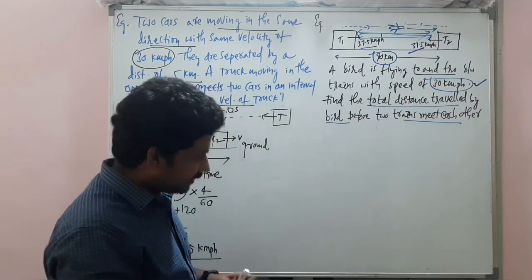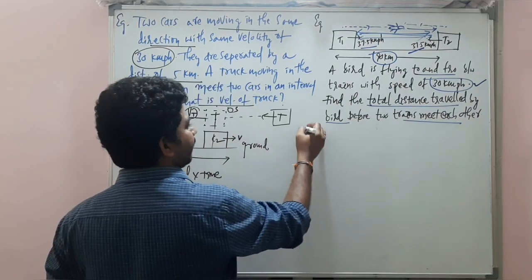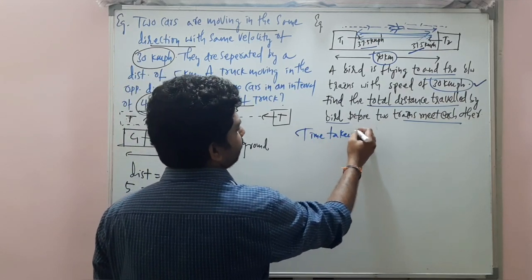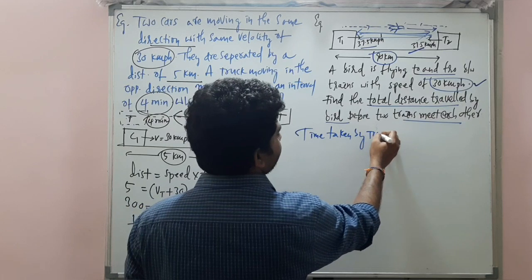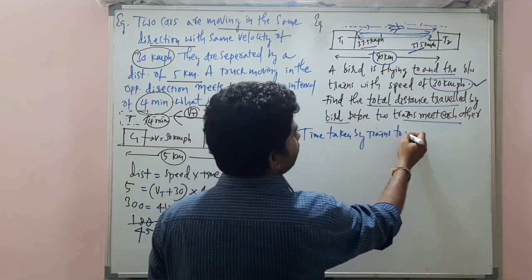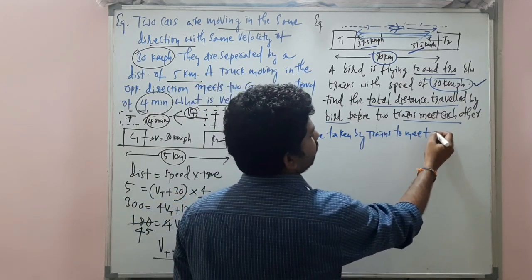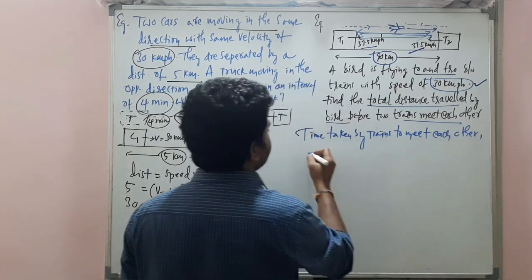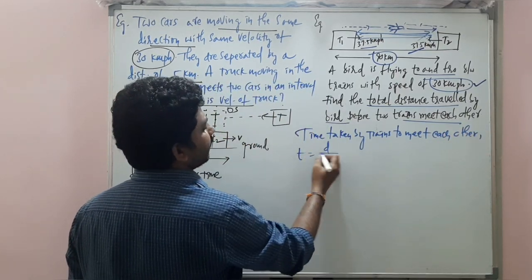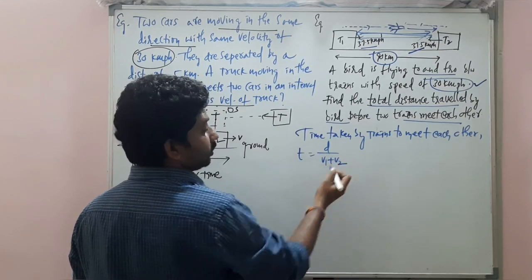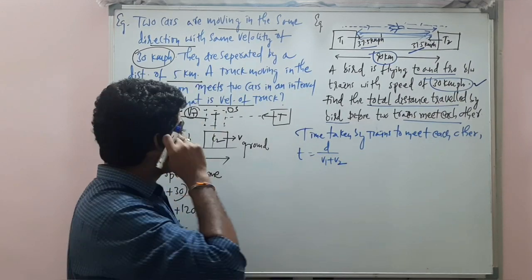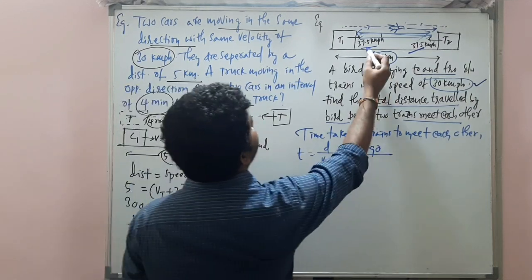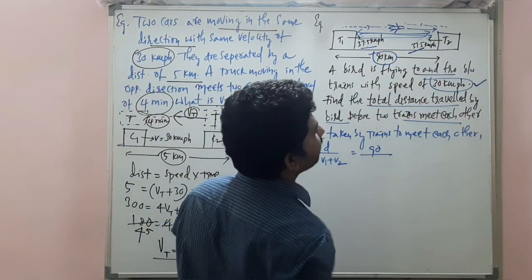Okay. The same thing I write here. Time taken by the trains to meet each other. So this is the formula we know already. T is equal to D by V1 plus V2 because both the trains are moving towards each other, right? So D is 90 kilometers by V1, V2. 37.5 plus 37.5.